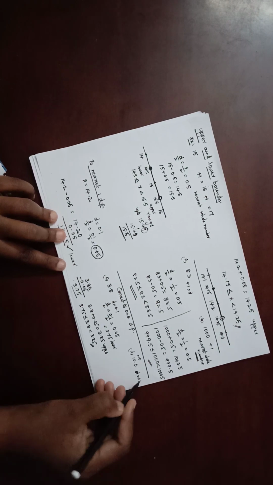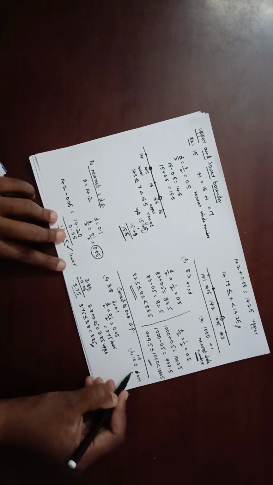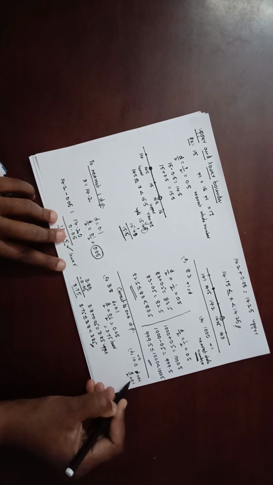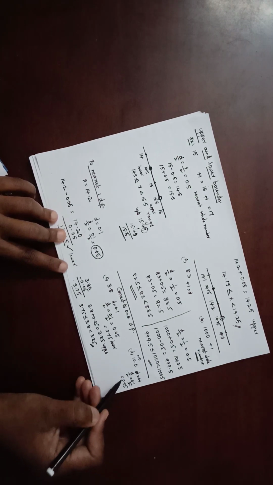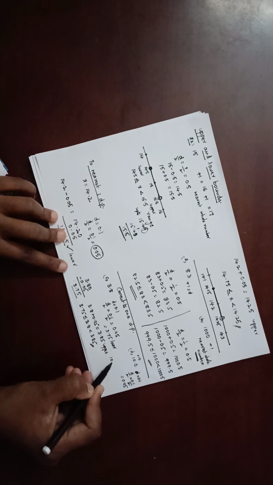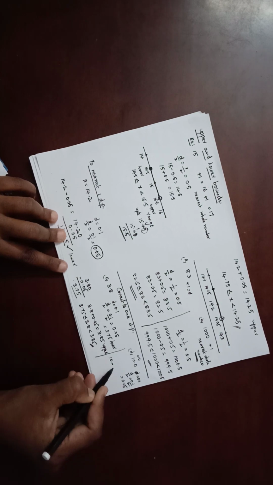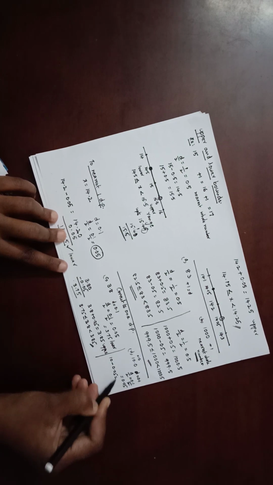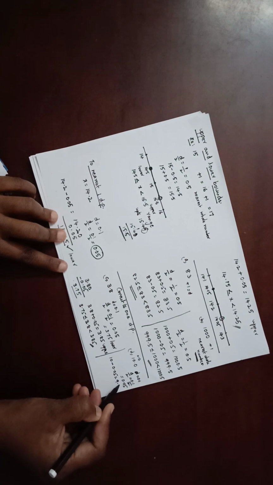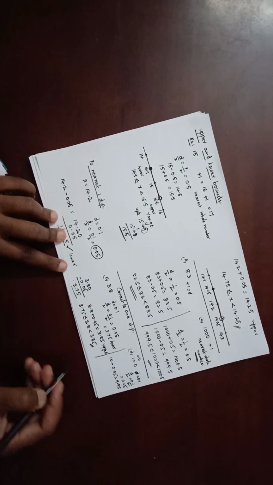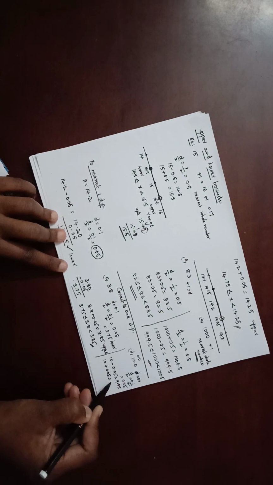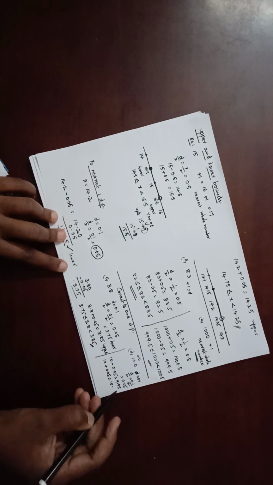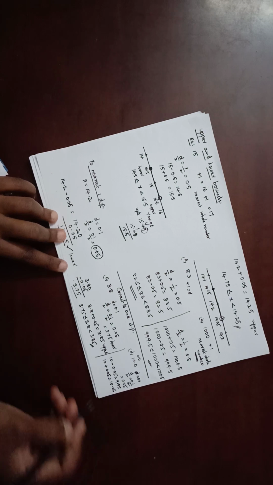D is 0.1, so d by 2 is 0.05. Here the lower bound is 10 minus 0.05, that is 9.95. 10 plus 0.05 is the upper bound, 10.05.